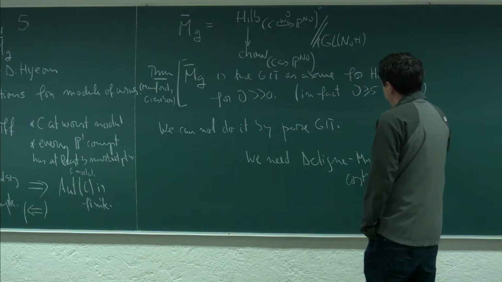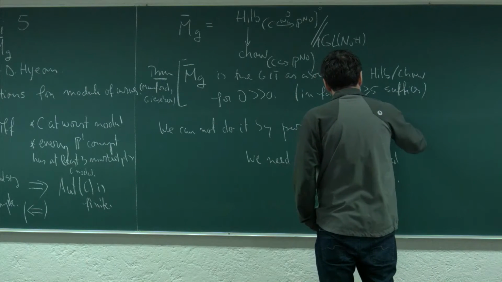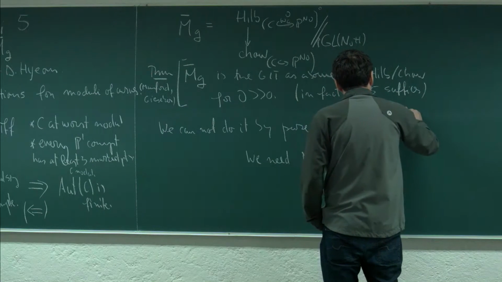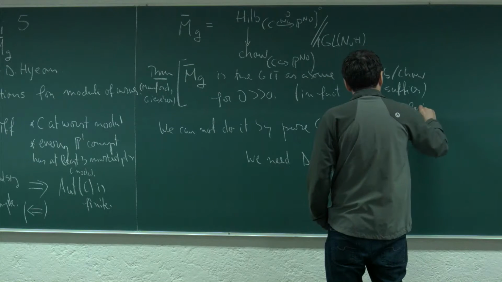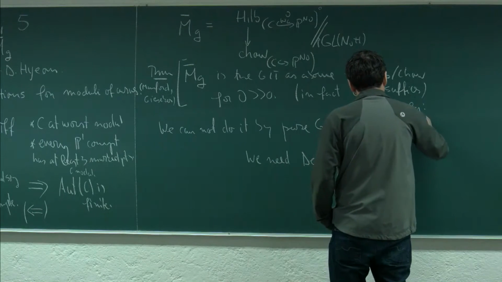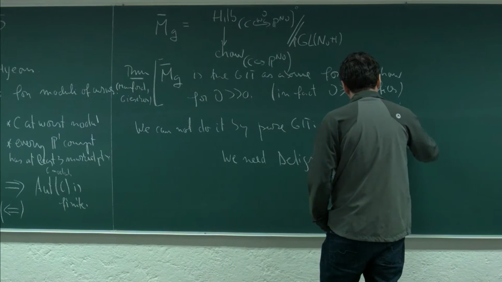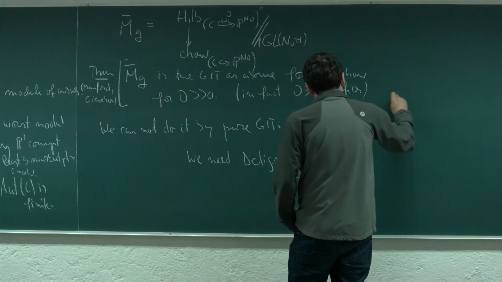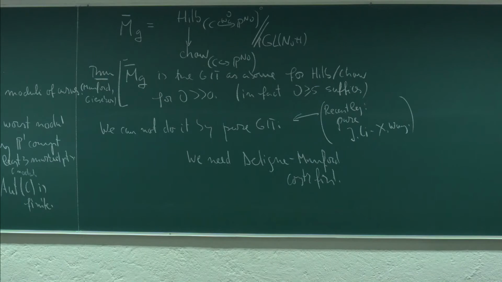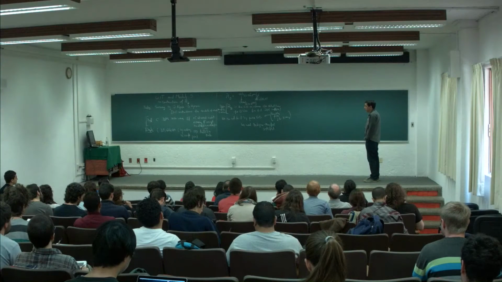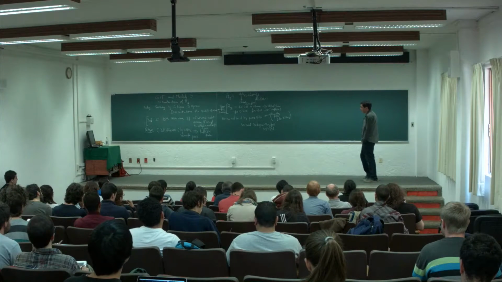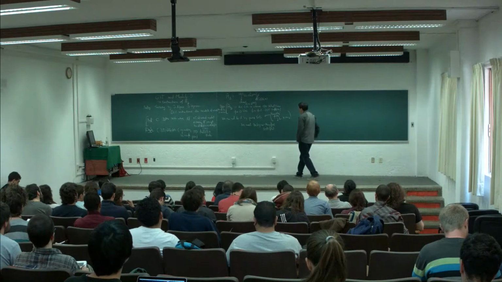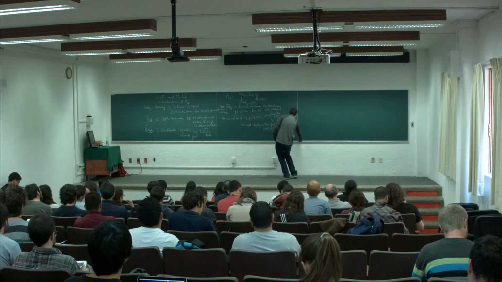Actually, recently, in the last decade I think, pure GIT was done by Jun Li and Xiaowei Wang. But the proof of Mumford and so on is actually done by using the Deligne-Mumford construction first.